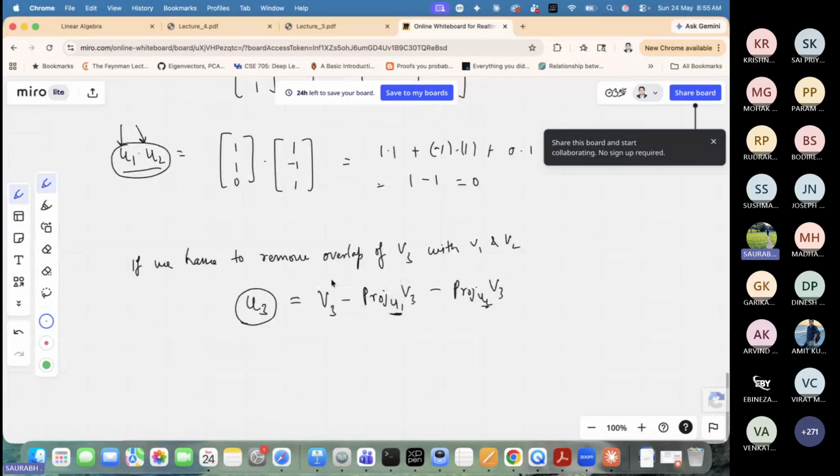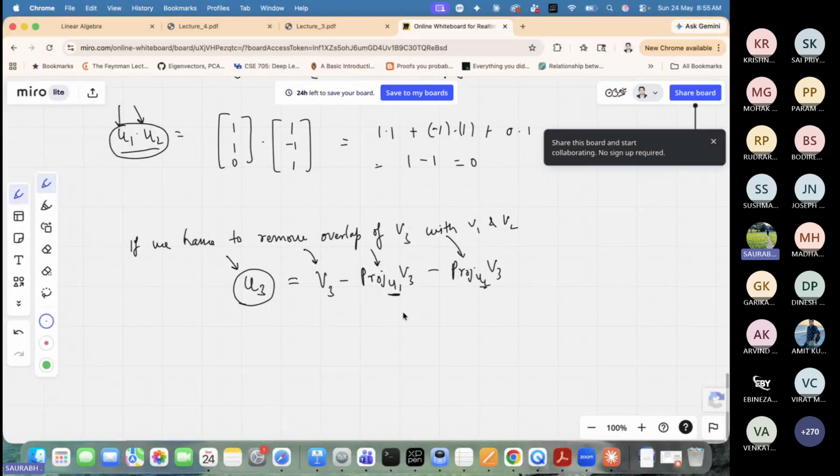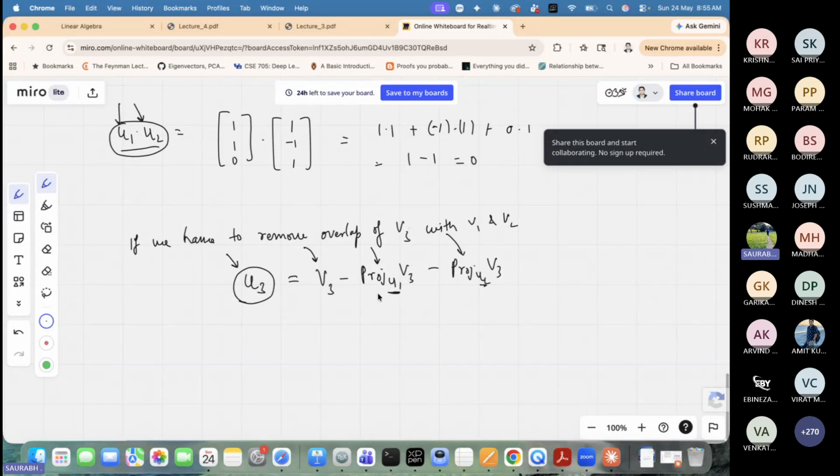Now, if we have to remove the overlap of V3 with V1 and V2, you just have to rename V3 to U3, and you will remove V3's overlap in the direction of U1 and V3's overlap in the direction of U2. Now, just to help you do that part, let's do the very first part.